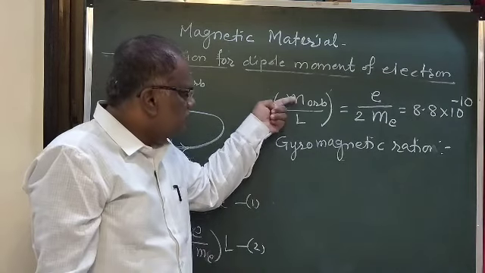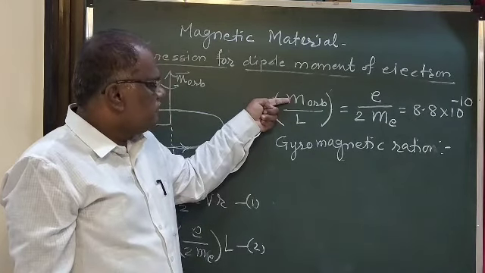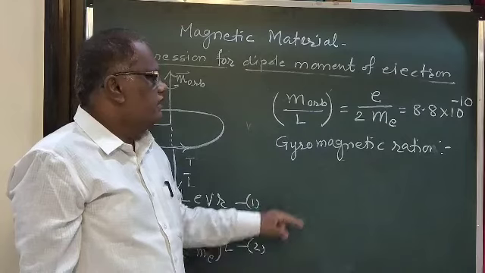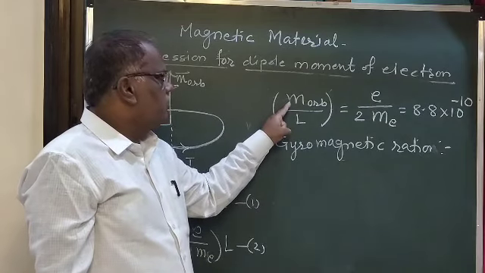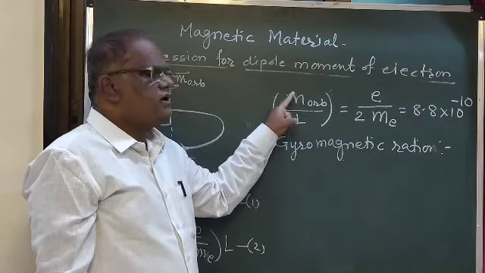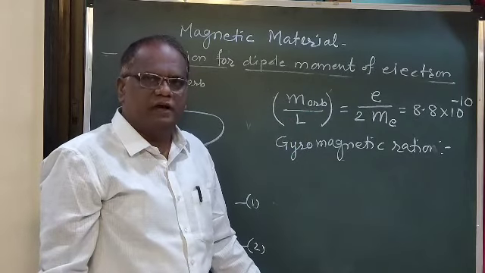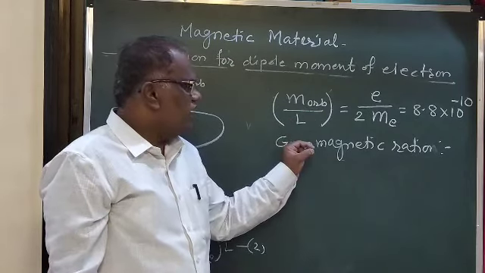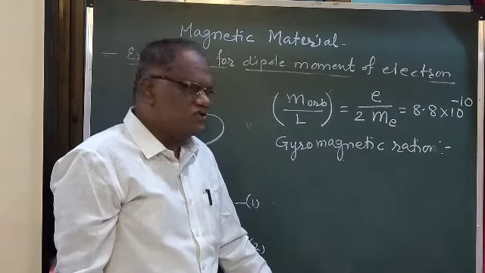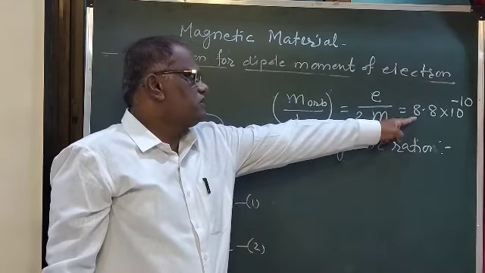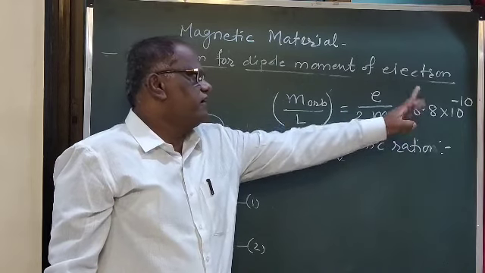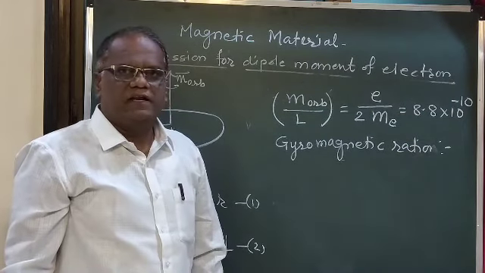How? It is the ratio of M and L. That means it is the ratio of the dipole moment of the electron to its angular momentum, and its value is constant, which comes out to be 8.8 into 10 to the power minus 10.